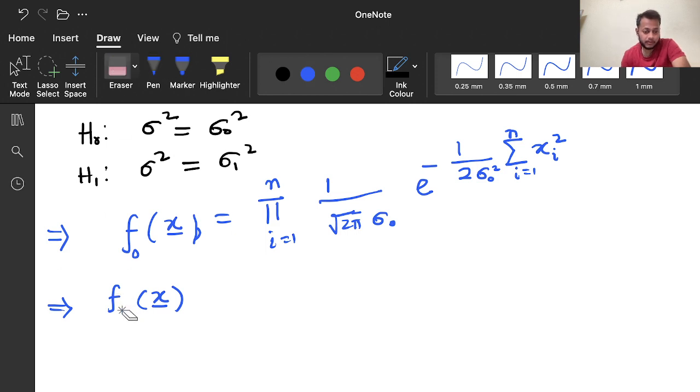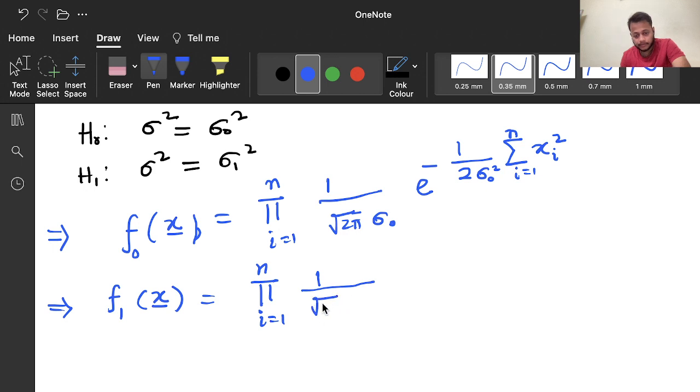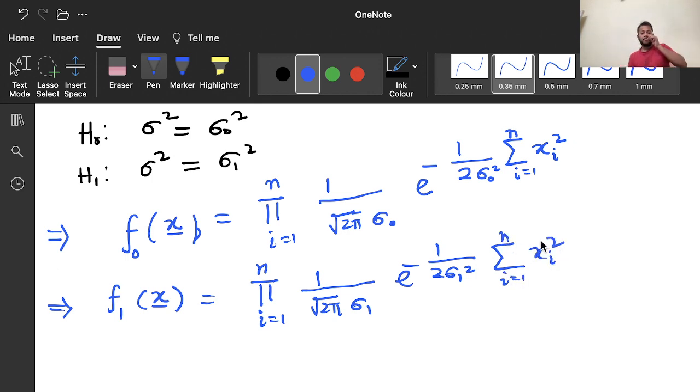Now see what the probability distribution under the alternative hypothesis is. That will be f1, that is the product over i equal to 1 to n of 1 by root 2 pi sigma 1 e to the power minus 1 by 2 sigma 1 square summation i equal to 1 to n. Now guess what we'll do, and I think you guess right. We will apply the Neyman-Pearson fundamental lemma.